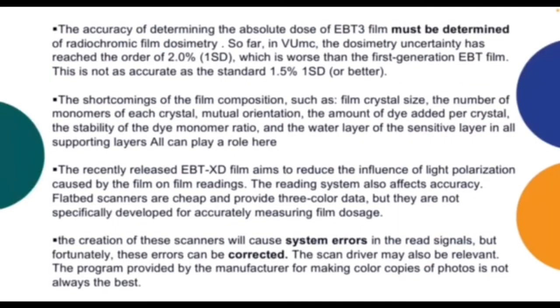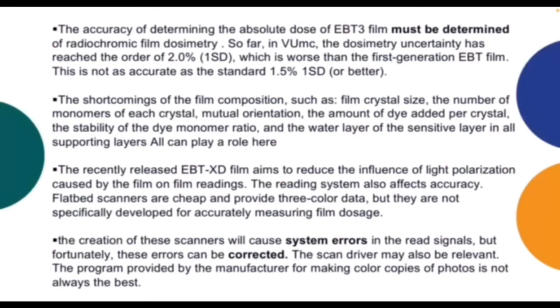The accuracy of determining the absolute dose of EBT3 film must be determined for radiochromic film dosimetry. So far, in volume MC dosimetry, uncertainty has reached the order of 2%, which is worse than the first generation EBT film. This is not as accurate as the standard of 1.5% or better.